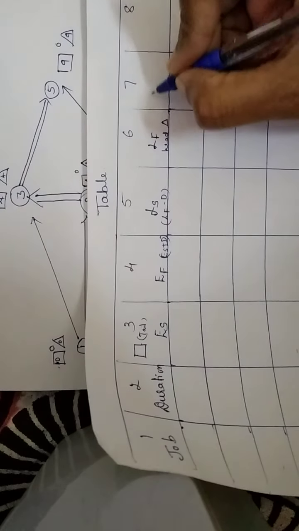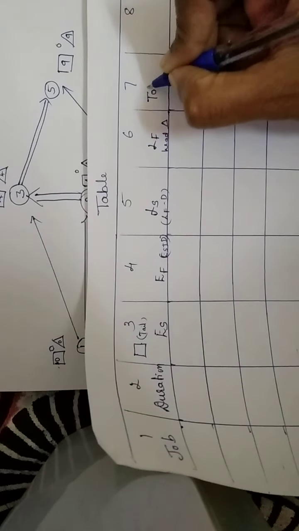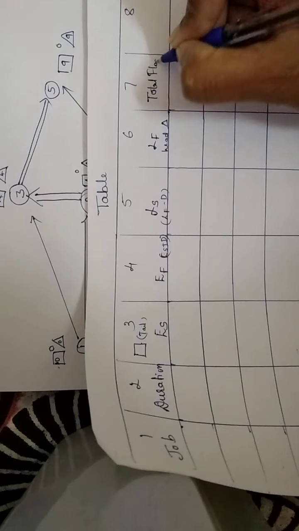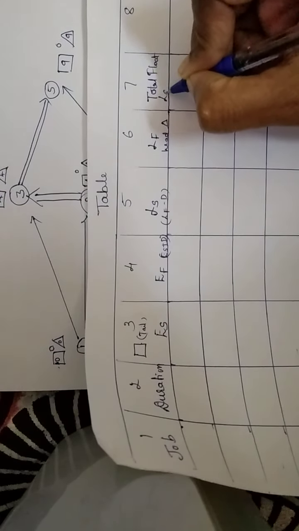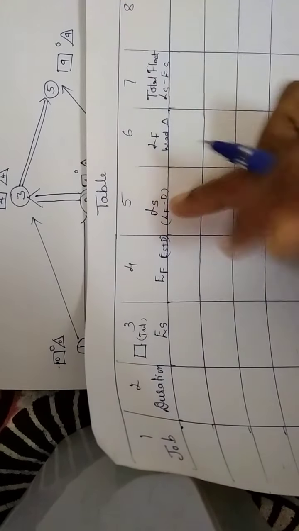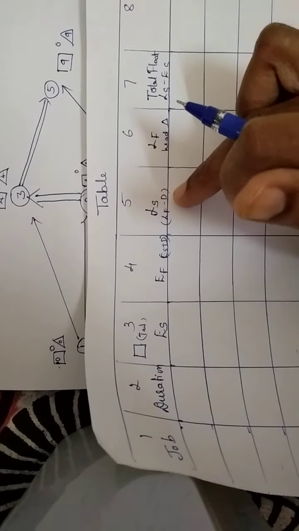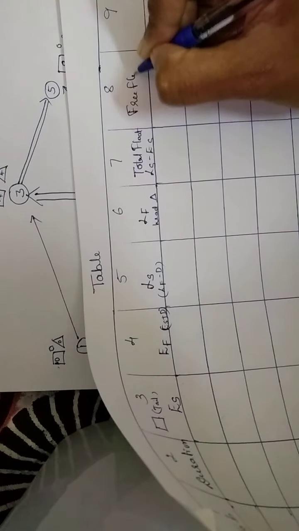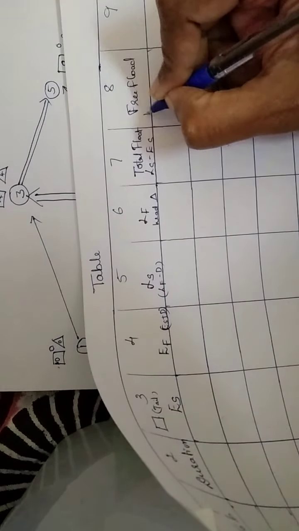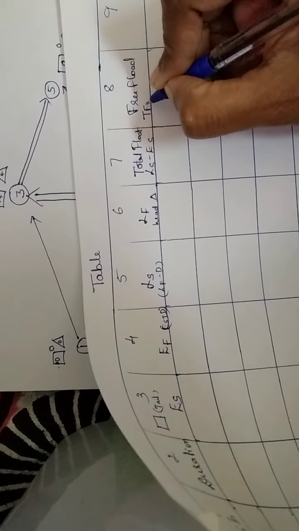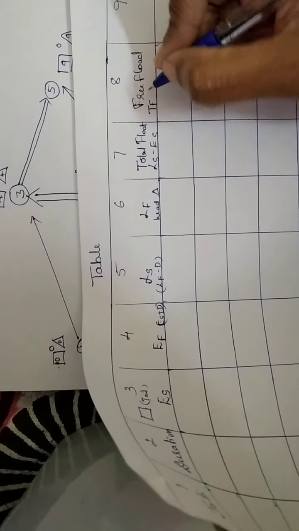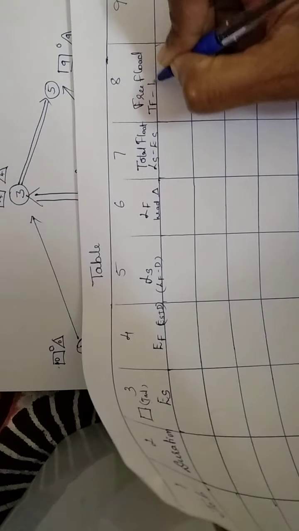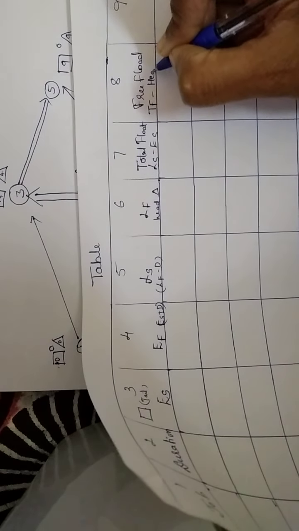Next is the total float. Total float is equal to LS minus ES. This we have already calculated, so column 5 minus column 3. Next is the free float. Free float is equal to total float minus head event slack.